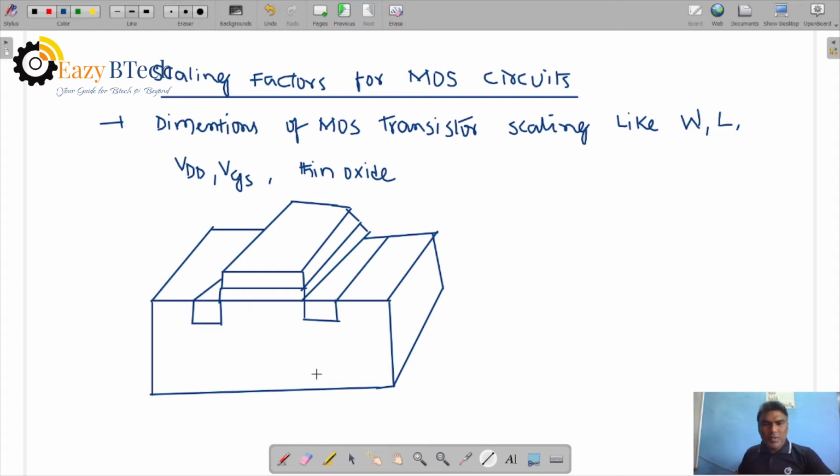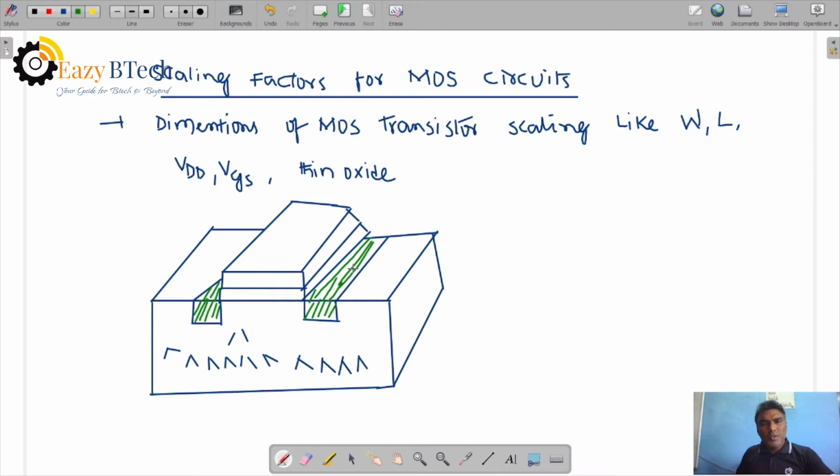Let's take this NMOS transistor. P-type substrate area. And N diffusion. This is N diffusion.